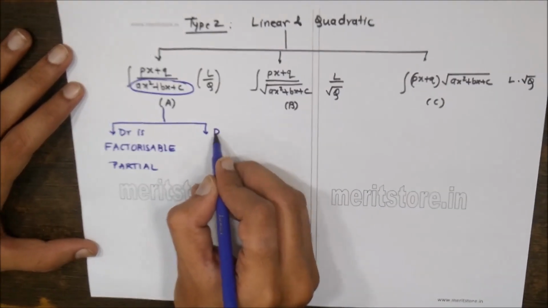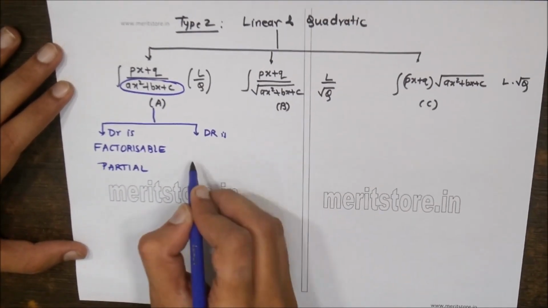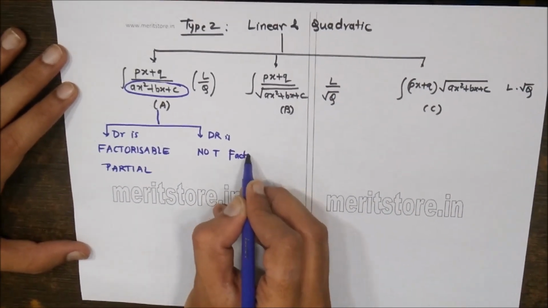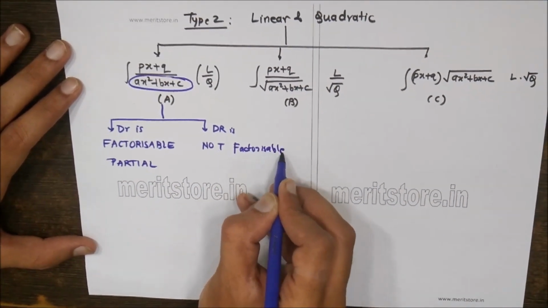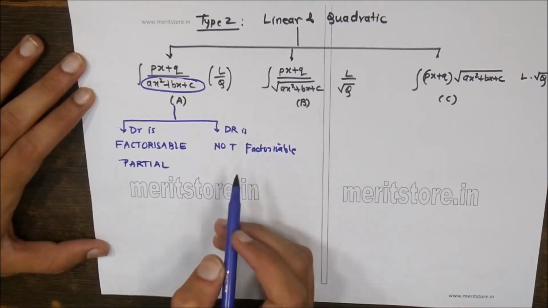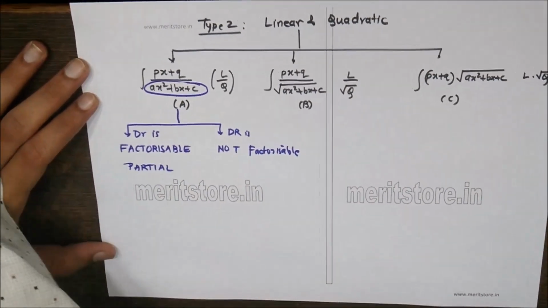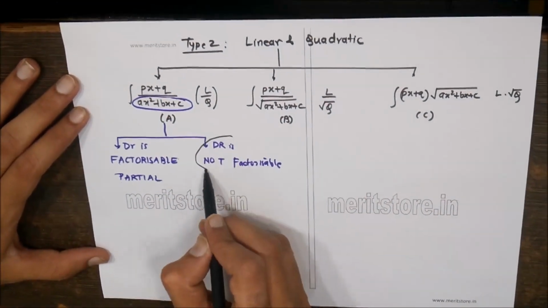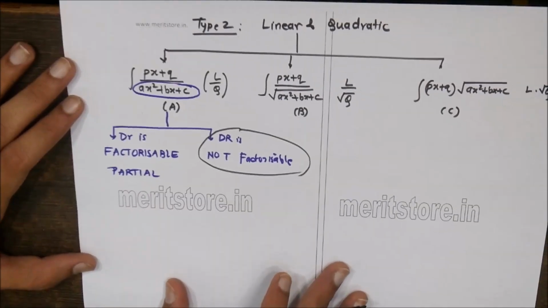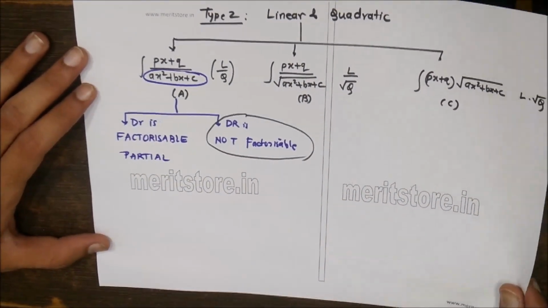And if the denominator is not factorizable, we'll be following a technique which will be shown later on. Let me pick up an example of denominator being not factorizable and of the category linear upon quadratic.